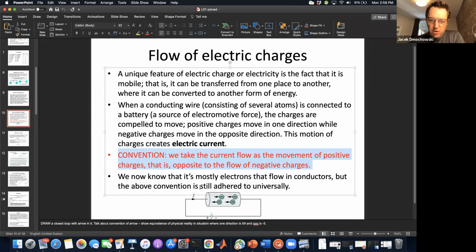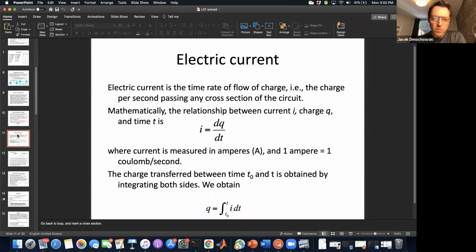And that's why it's perfectly fine to just pick a convention and stick to it. In this picture and in every circuit that you deal with, you will assume that it is the positive charge that does the moving. And that's basically a universal convention.